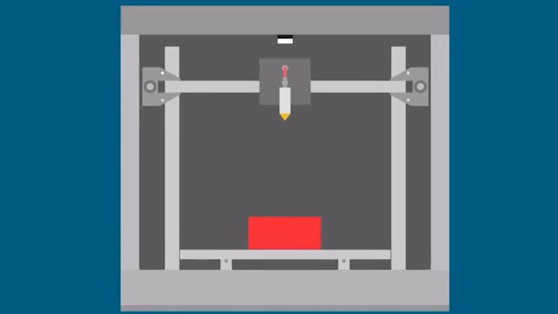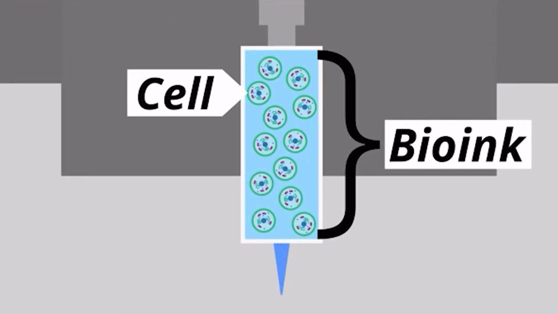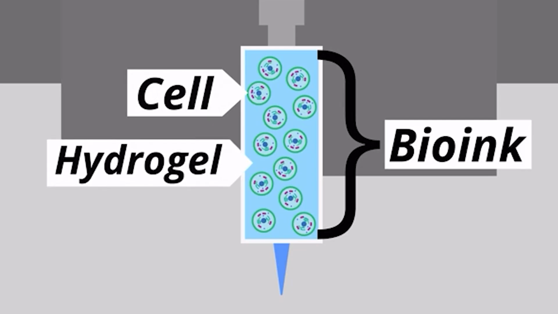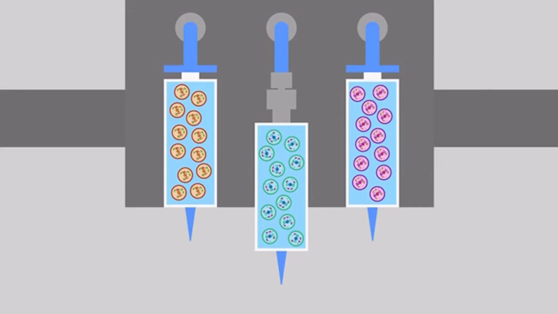Instead of plastic, however, bioprinters use bioink, usually composed of cells suspended in a special gel known as a hydrogel, which helps to protect, nourish, and hold the cells together. Some bioinks use a single type of cell, while others contain multiple types of cells, or multiple bioinks are used side by side, each with a different cell type.